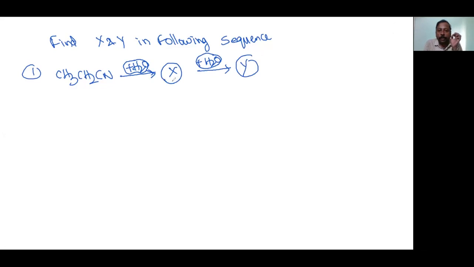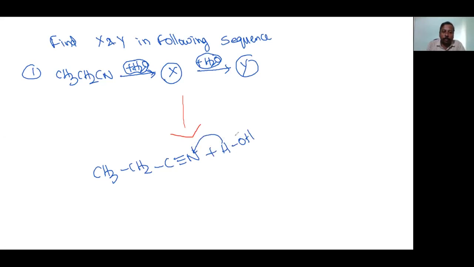What is the IUPAC name of X and what is the IUPAC name of Y? That is our question. See here, now I will tell you how to solve this type of question. Just now I told you with the mechanism, the only thing here is that R is changed, RC triple bond N. In that, I told you water should be written as H and OH.